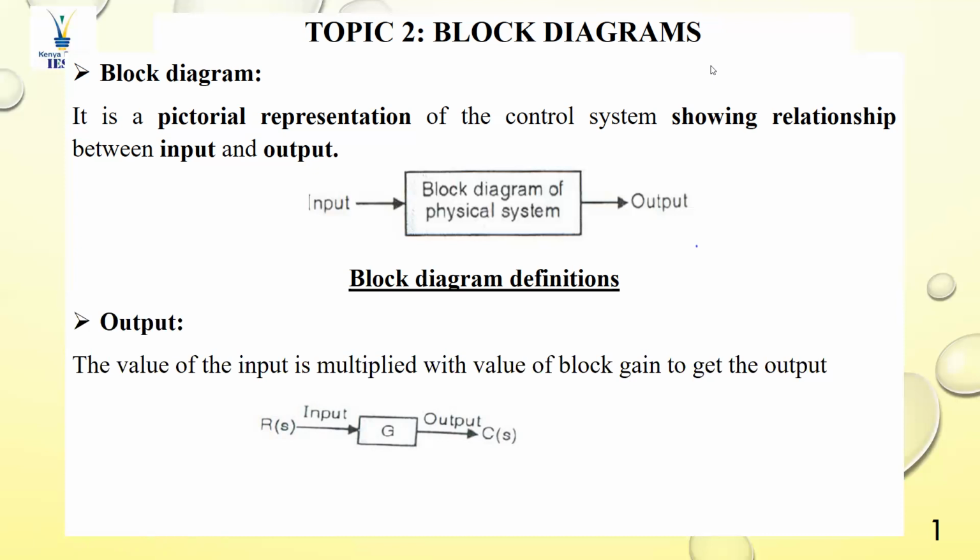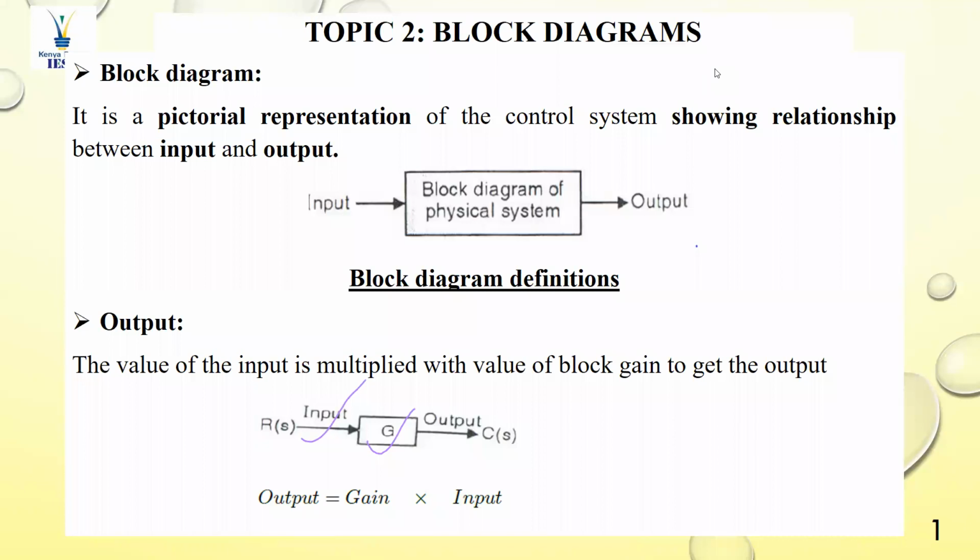The input is represented by letter R and the output by letter C. The gain is represented by letter G. You multiply the input and the gain to get the output.